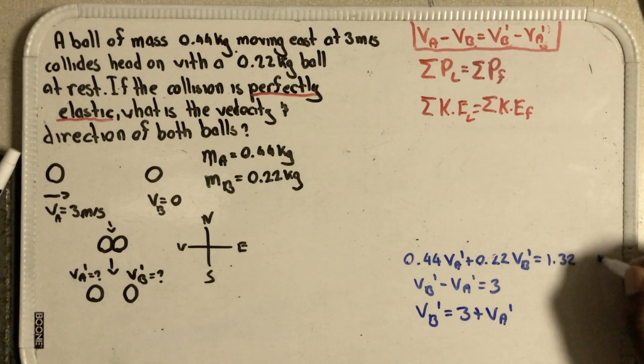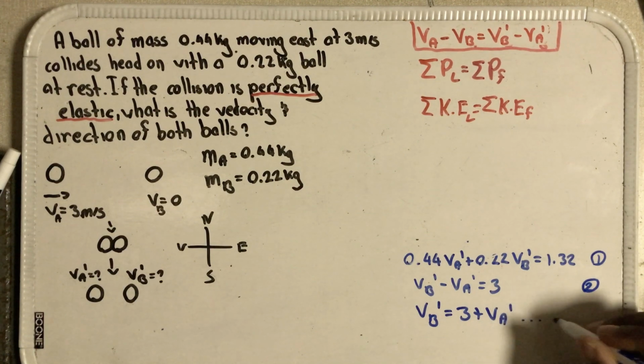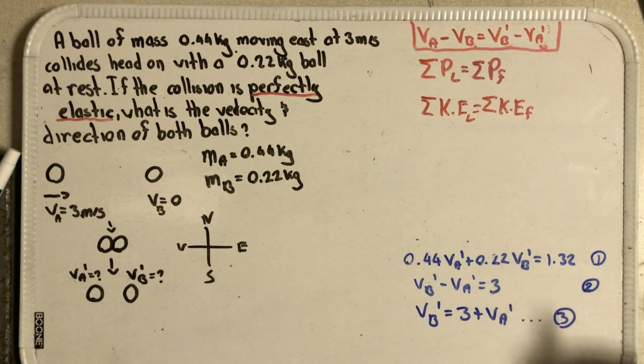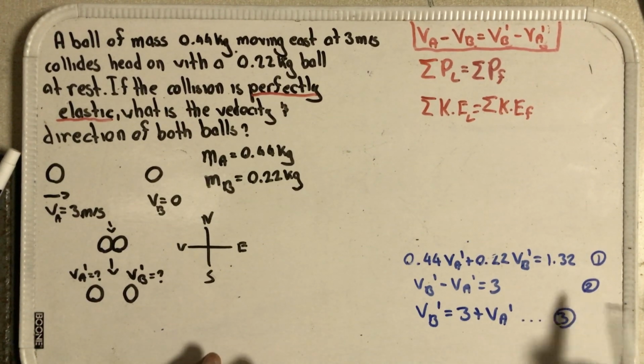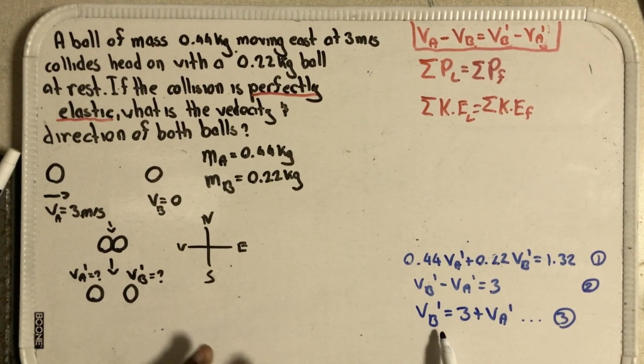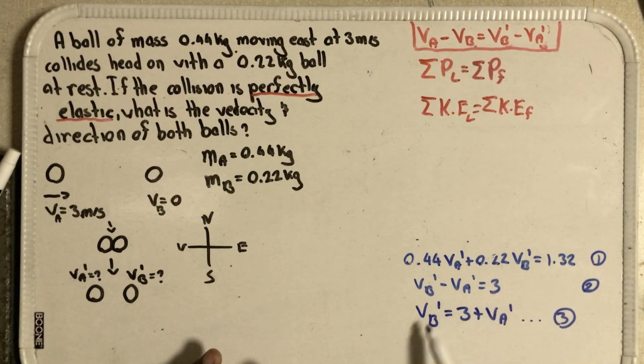Now, generally they call this equation 1, they call this equation 2, they call this equation 3, and they say to substitute equation 3 into equation 1, because these are the same variables, they're the same thing.